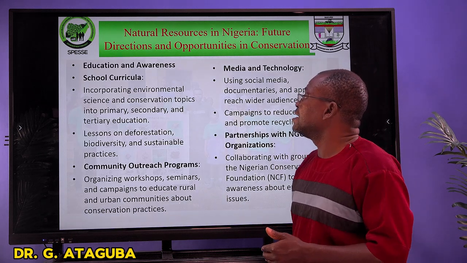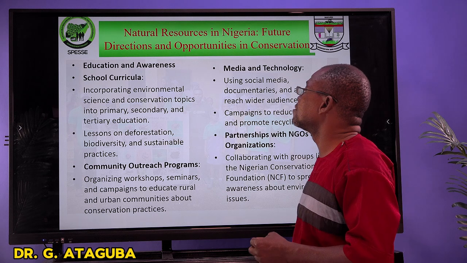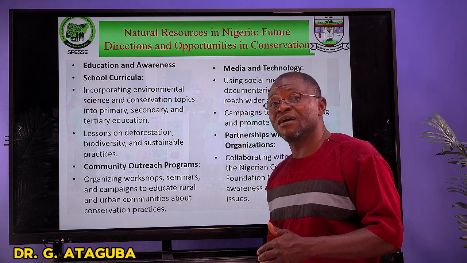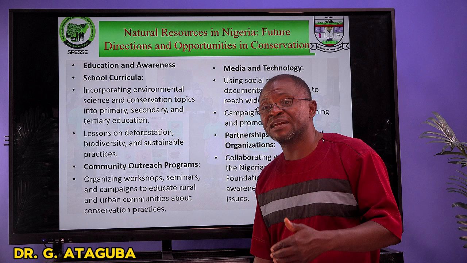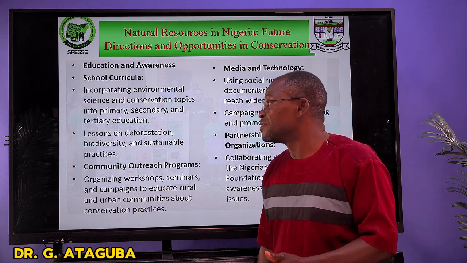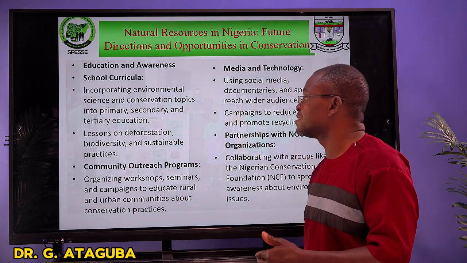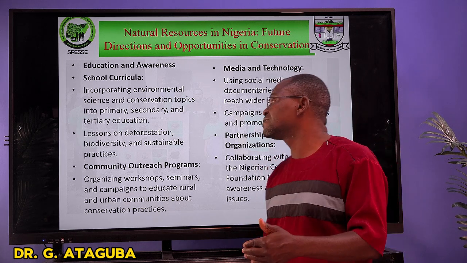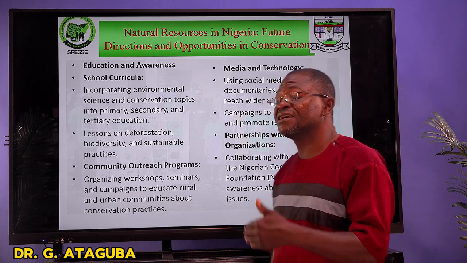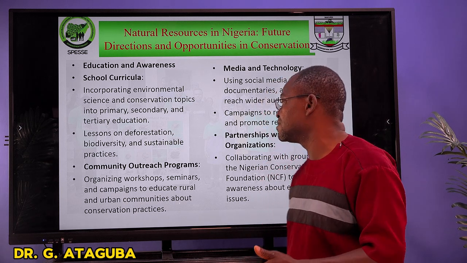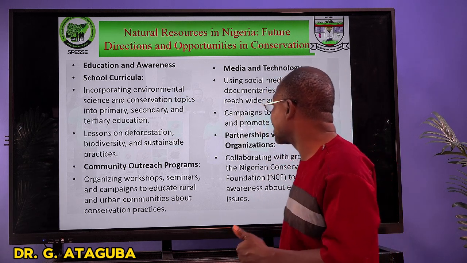Most importantly, education and awareness create a panacea for young Nigerians to be able to manage the resources better. When we incorporate environmental science and conservation topics into our primary and secondary school curricula, we create greater opportunities for the younger ones to manage the resources as they get older.